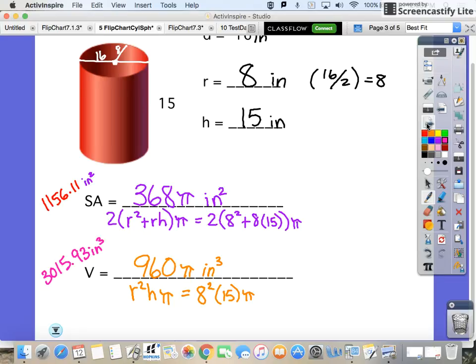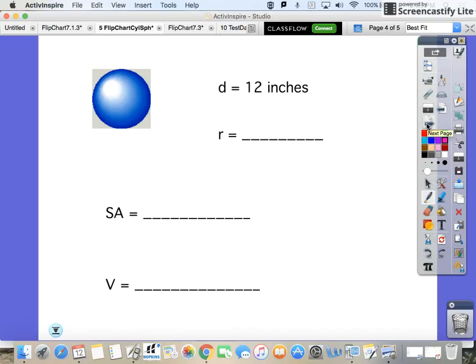All right, so then for a sphere, they told us that the diameter is 12 inches. That would be like if you cut a basketball in half, the distance across would be 12 inches or 1 foot. So through the center, that is 12.